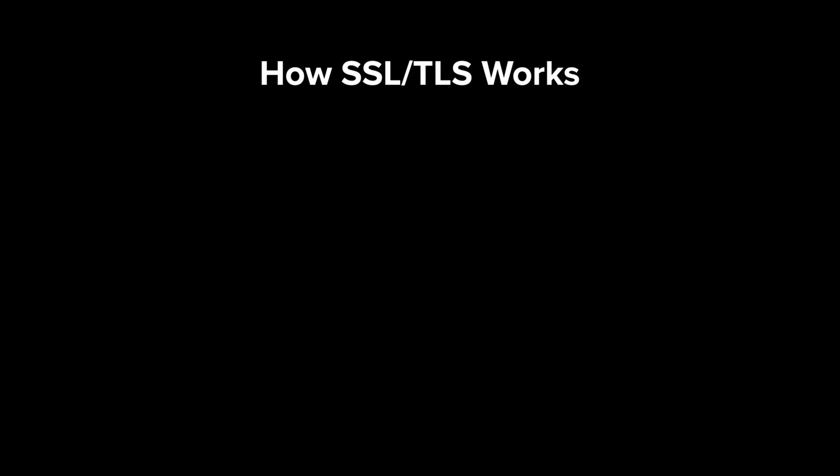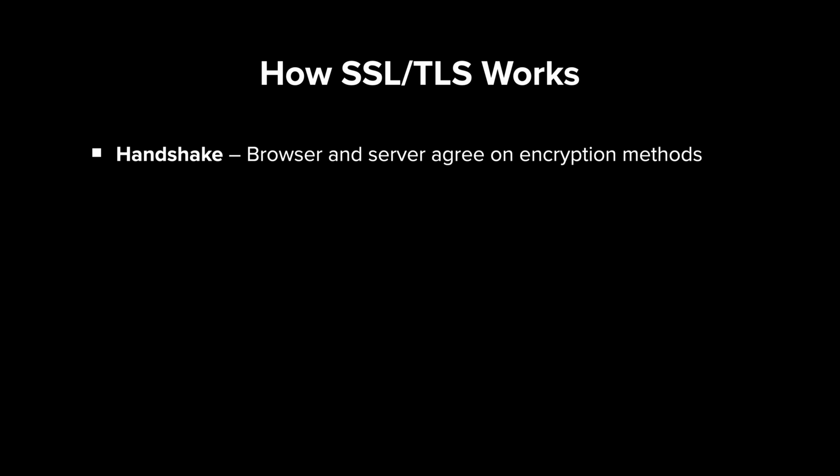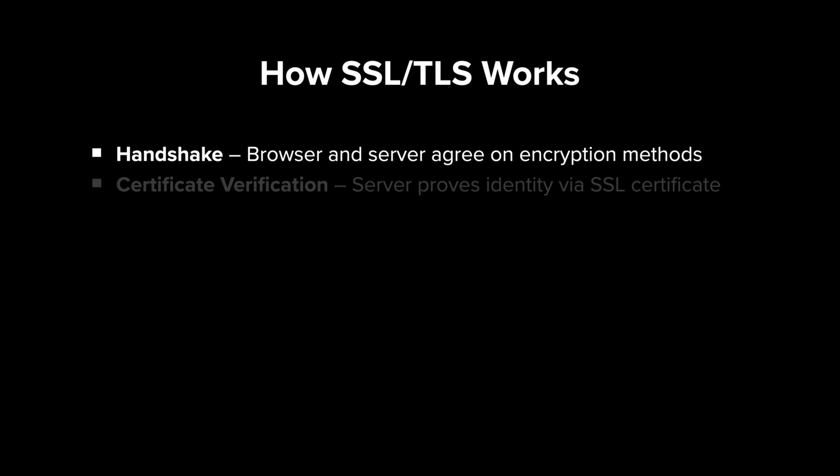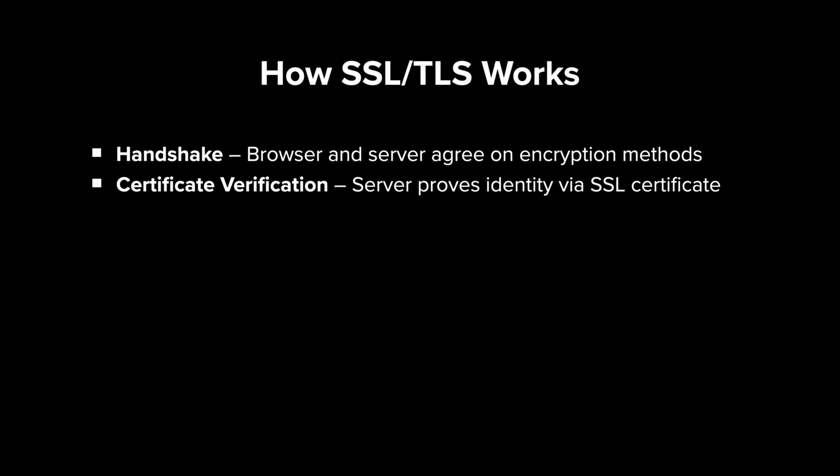Let's take a simplified look at how SSL and TLS actually work when you visit a website. First, there's the handshake, where your browser and the server agree on which encryption methods to use. Next, certificate verification happens. The server presents its SSL certificate to prove its identity, and the browser checks that it's valid and issued by a trusted certificate authority.